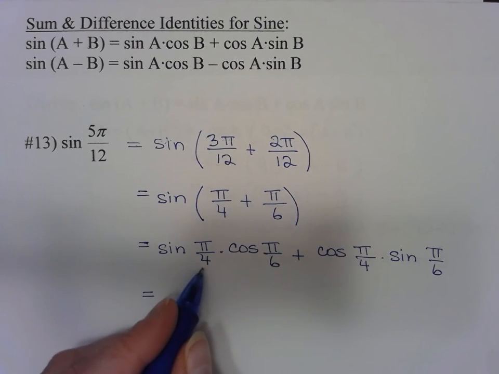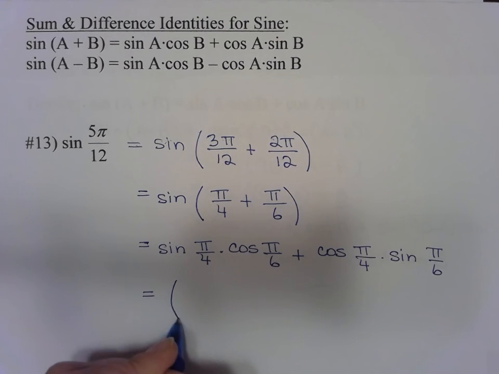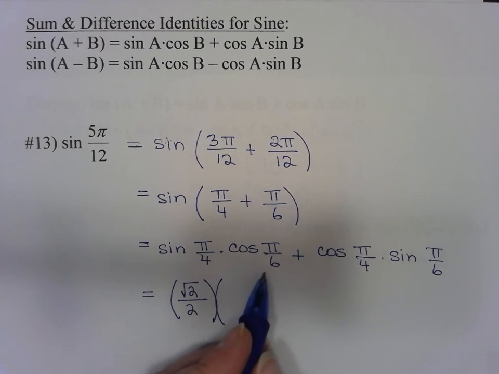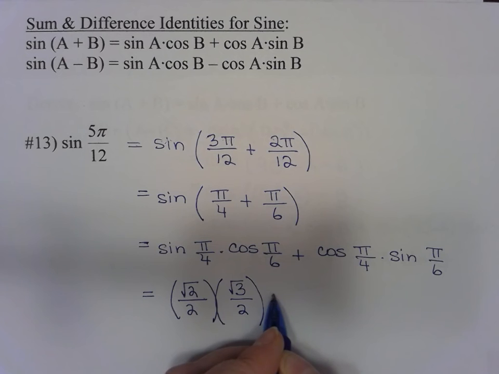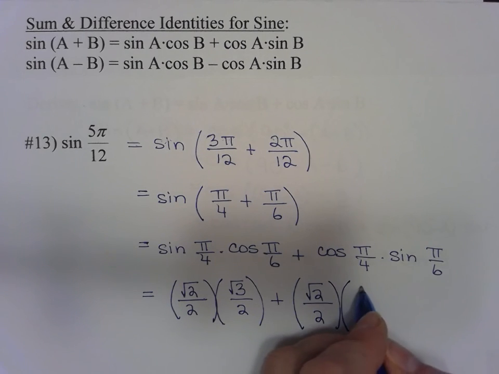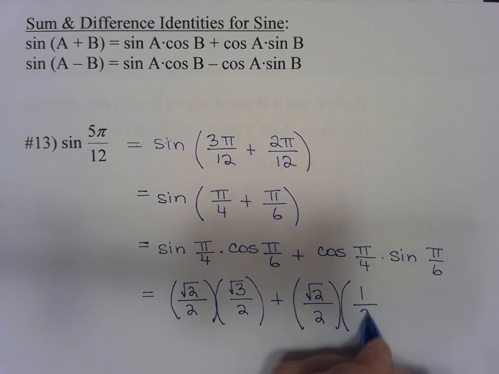I know the sine of pi over 4, that's 45 degrees, so that's the square root of 2 over 2. The cosine of pi over 6, that's 30 degrees, is the square root of 3 over 2. And then the cosine of pi over 4 is the square root of 2 over 2. And the sine of pi over 6 is 1/2.